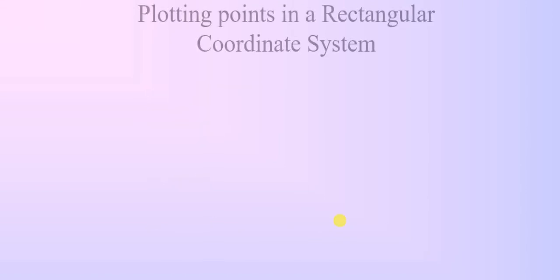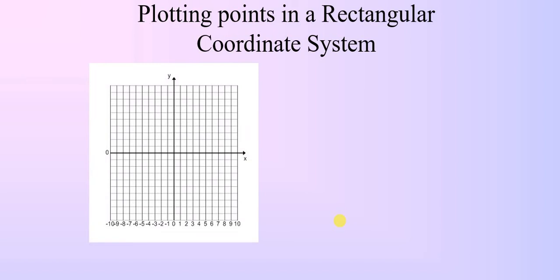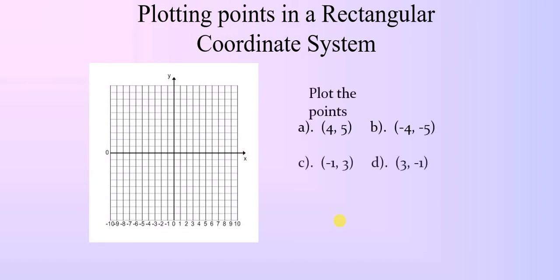Now, it is also important that we know how to plot points in a rectangular coordinate system. Let's have an example here. We are asked to plot the following points. To plot a point, we actually do the same process as finding the location of a point.